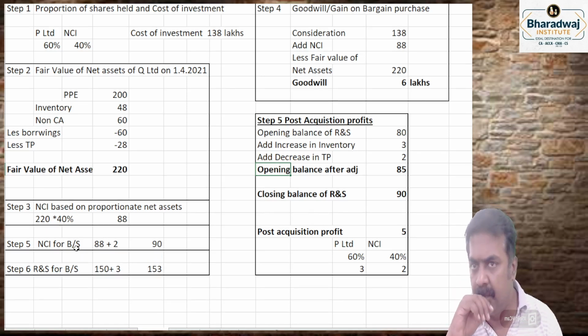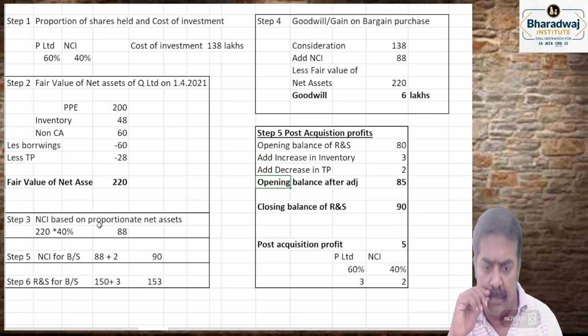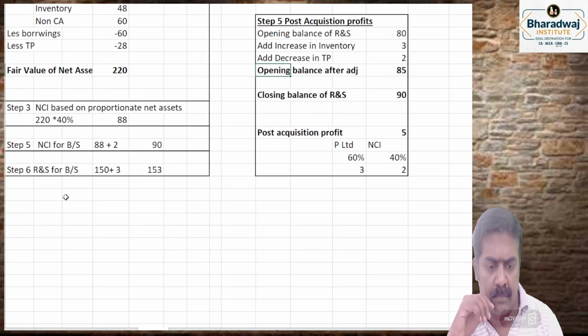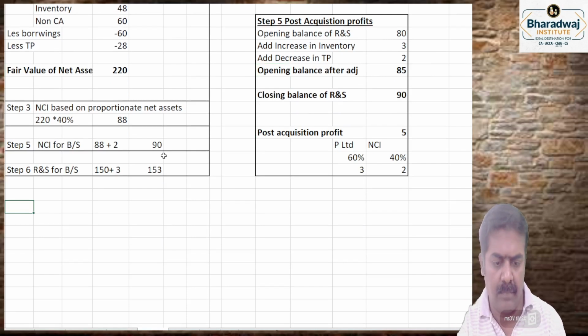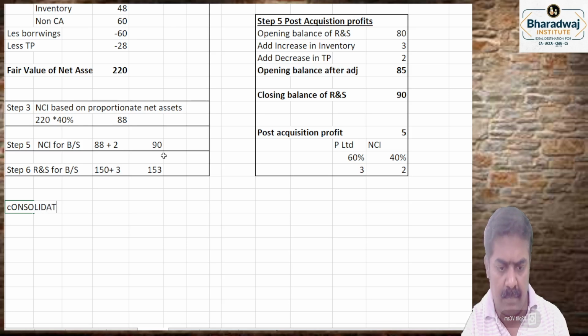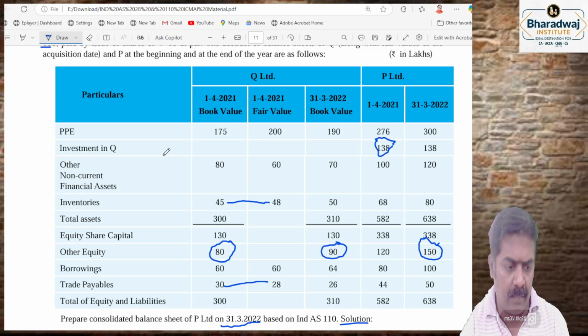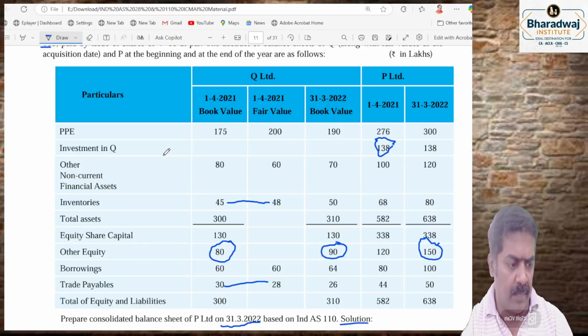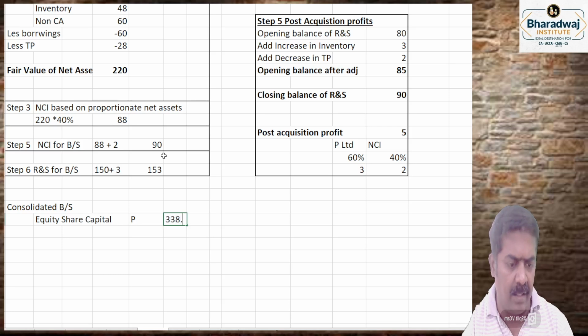Shall we? What will be the equity share capital? Equity share capital of which company will come? P will come. How much? Equity share capital of P, 338 will come.